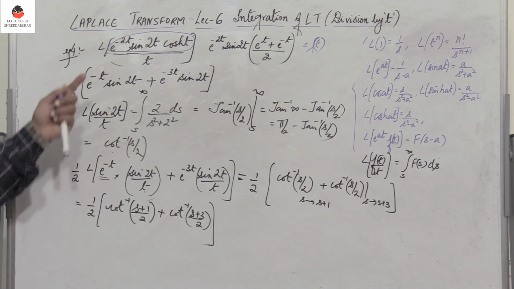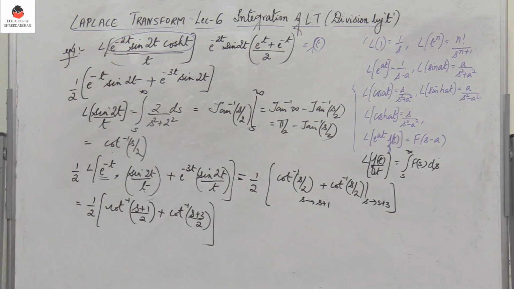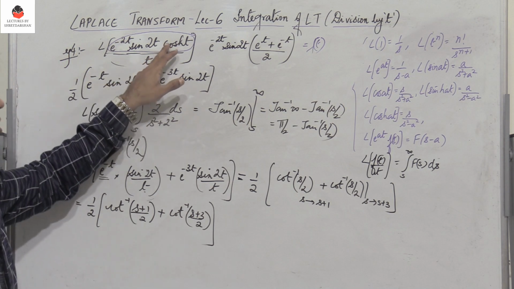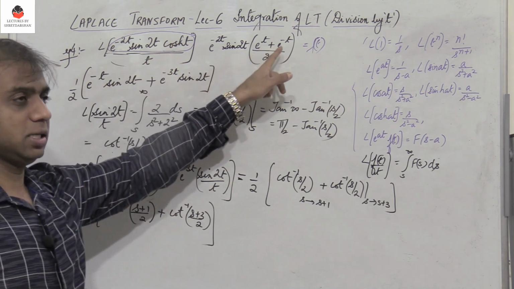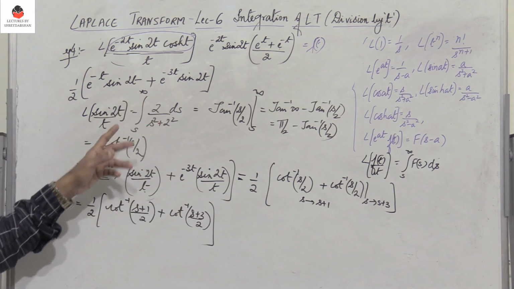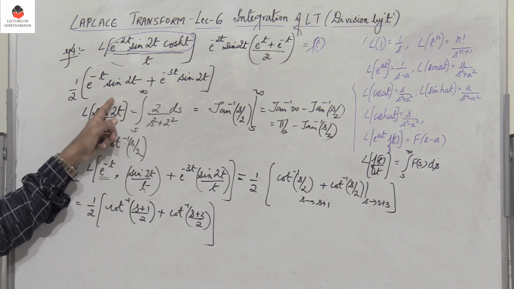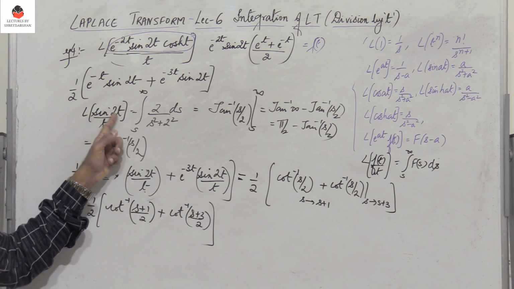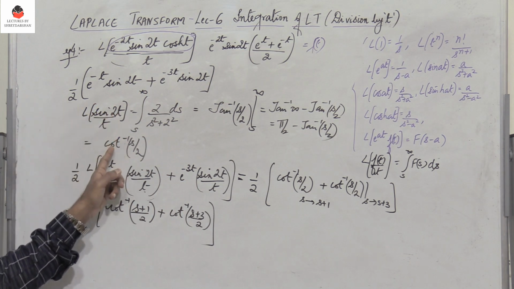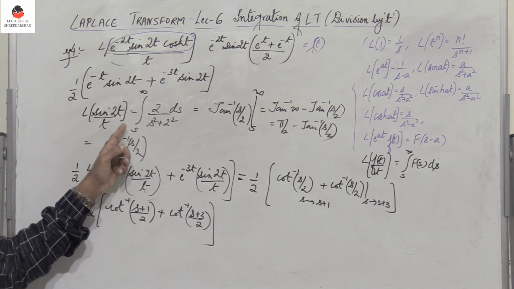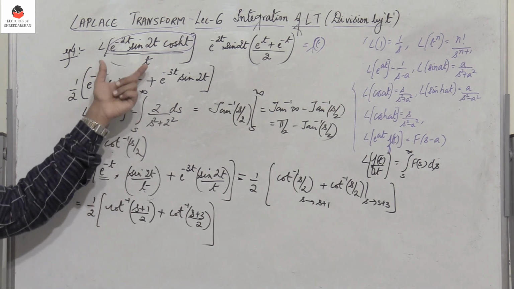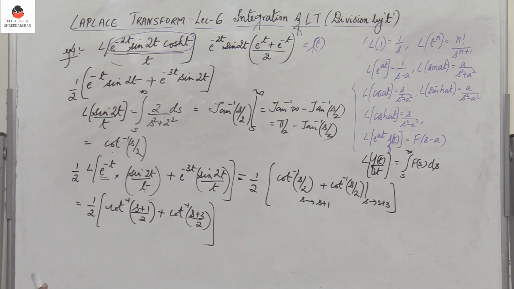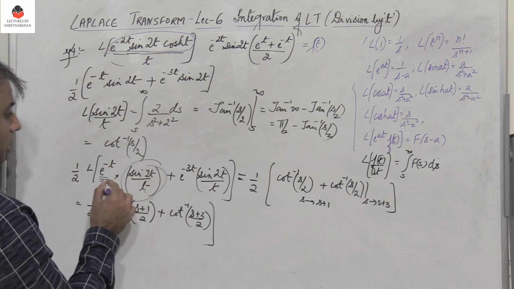Usually we consider the numerator as f of t, but to simplify the process, what we do is represent cos hyperbolic t as an exponential, first find the Laplace transform of sine 2t, and then find the Laplace transform of sine 2t by t, which gives me the answer cot inverse s by 2. Now this entire function is multiplied with an exponential.